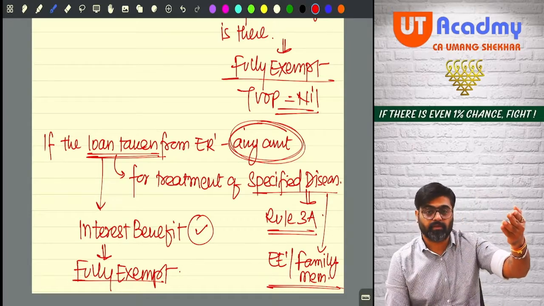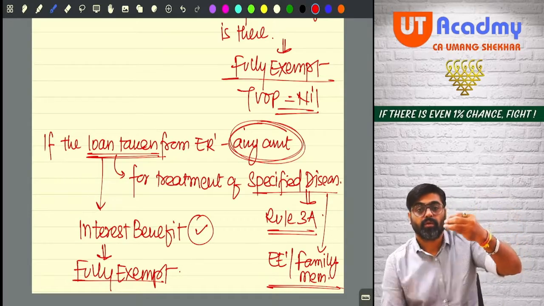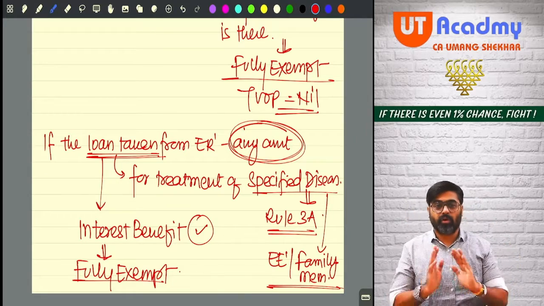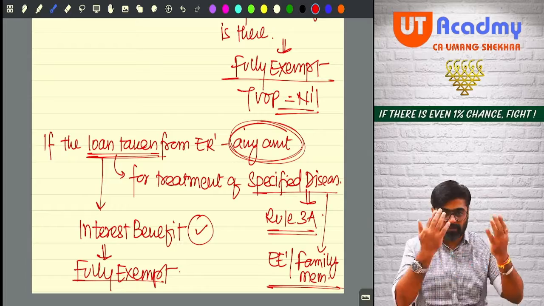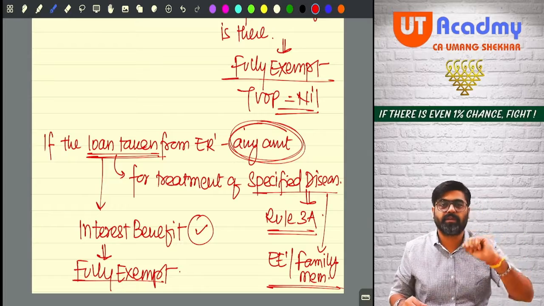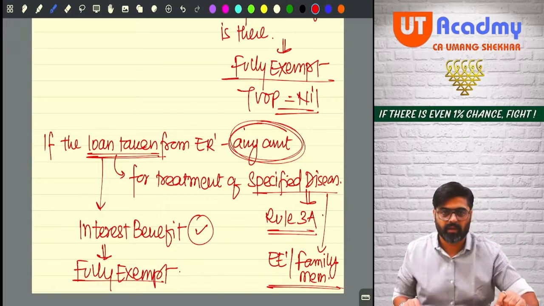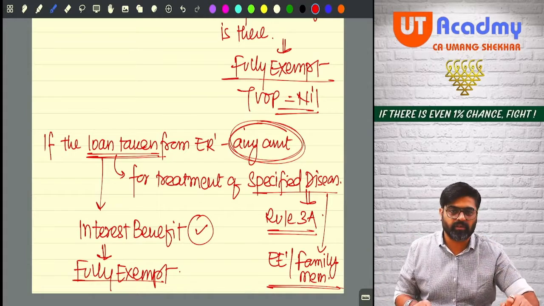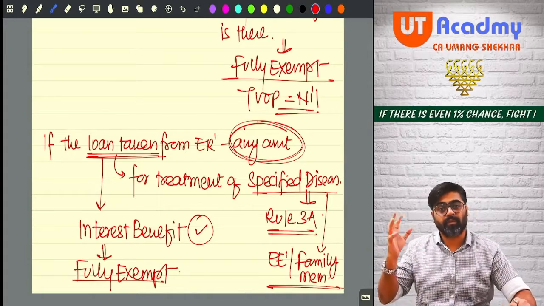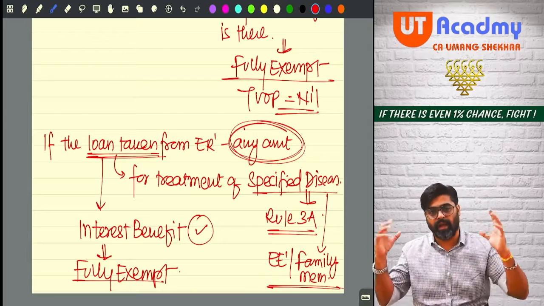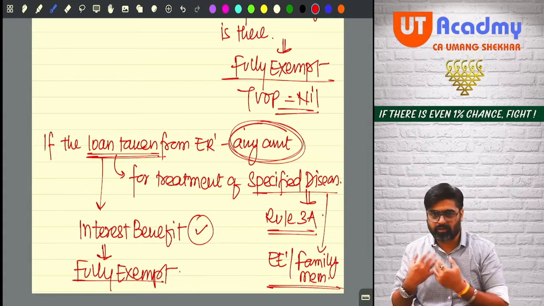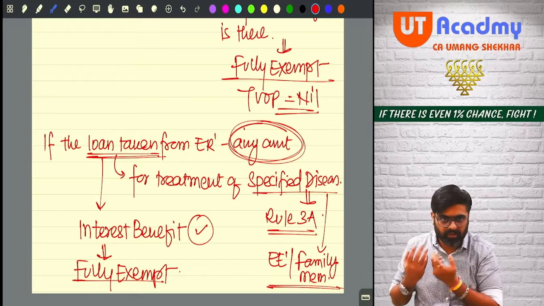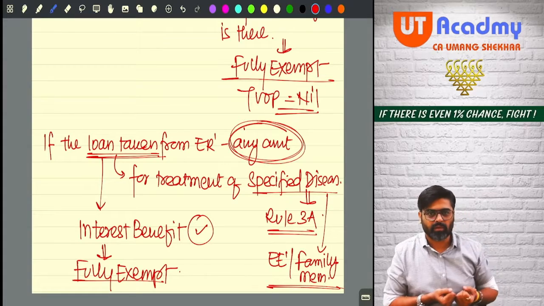That interest benefit is given as a help to the employee who is already having a burden on his head for the treatment of this disease. Just imagine if there is an employee and he or any of his family members is suffering from these diseases. The cost of treatment of these diseases is very high and he does not have the money to pay for those costs. So as a result, he had to take the loan.